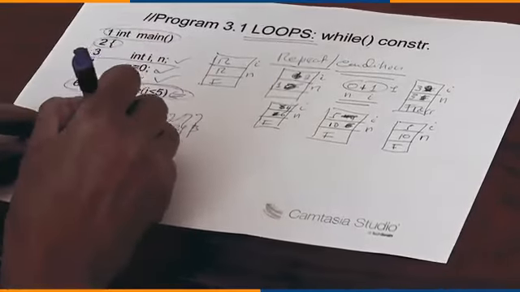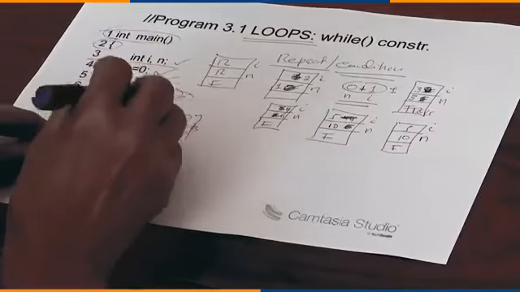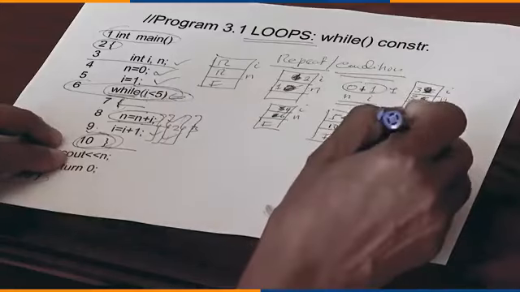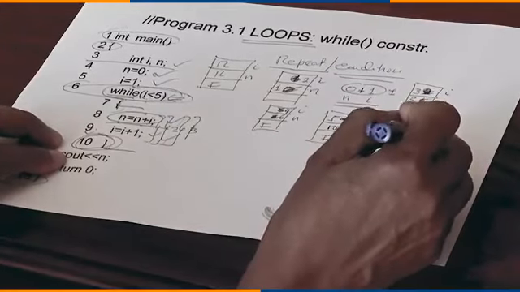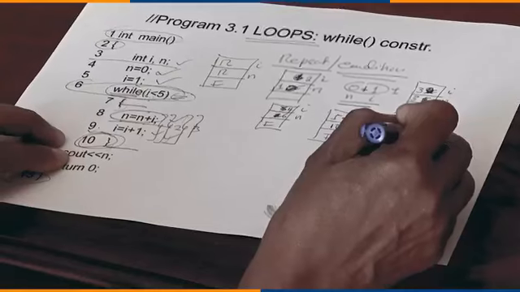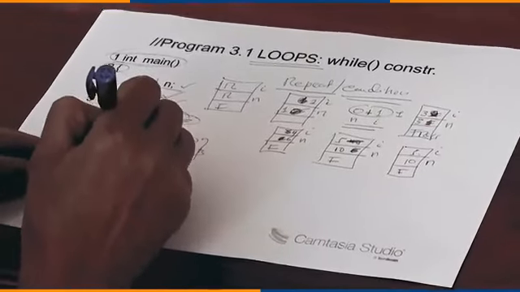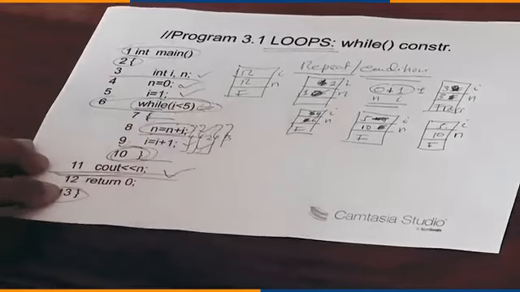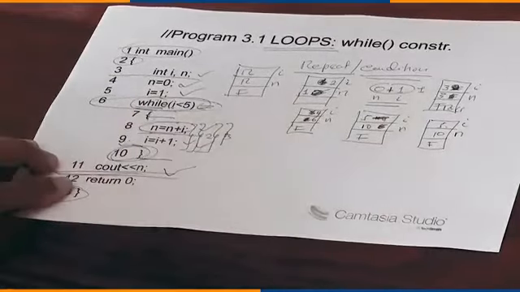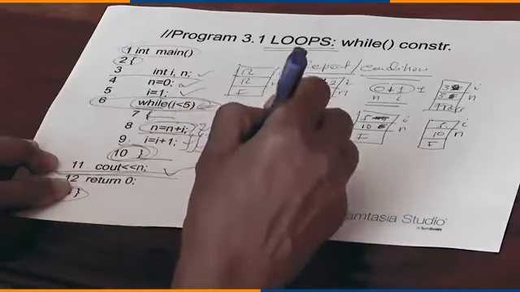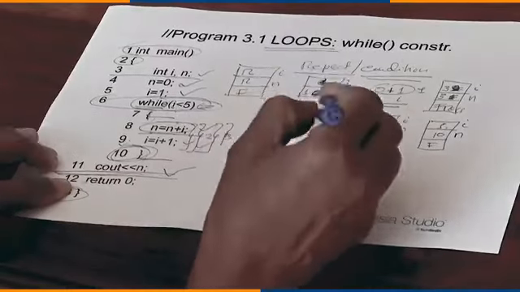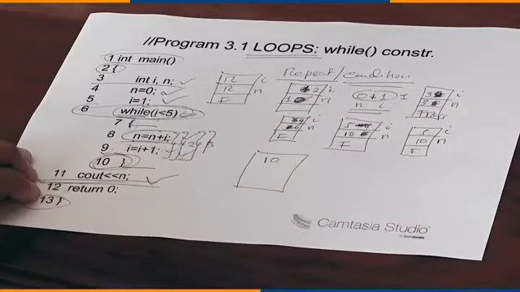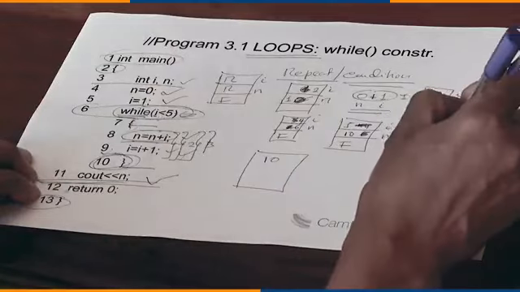After that, the computer will check, is the value in I less than 5? It will find that the 5 in I is not less than 5. For that matter, repetition will stop, and now line number 11 will be executed. That is cout n. What is in n? On the screen, we shall see the number 10, which is the value retrieved from variable n.